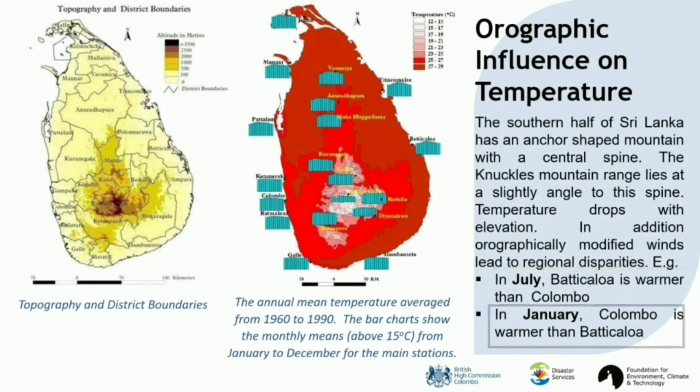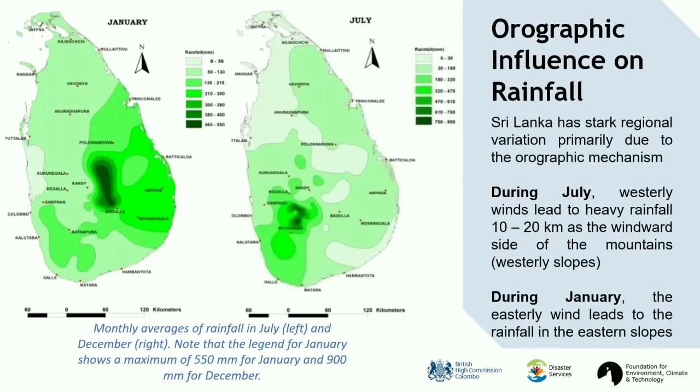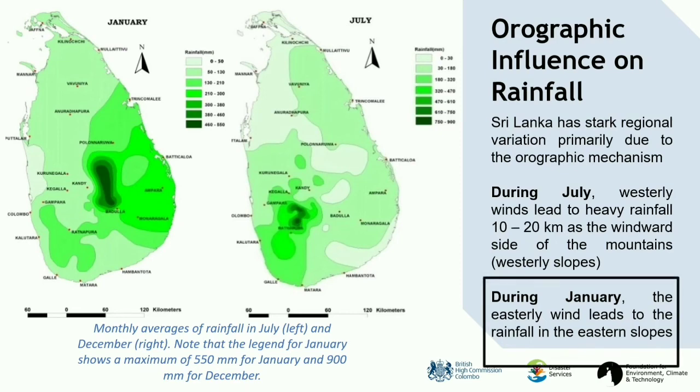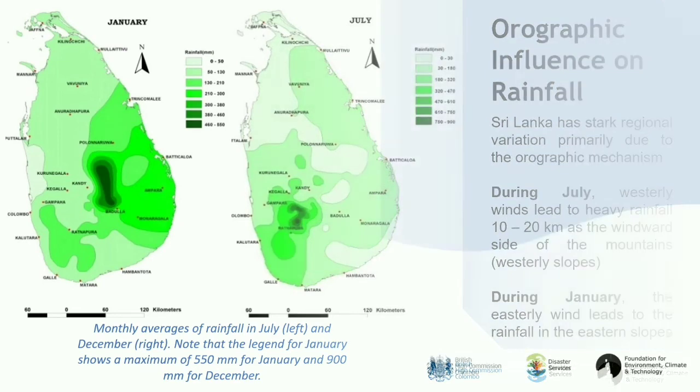In January, Colombo is warmer than Batticaloa. Sri Lanka has stark regional variation primarily due to the orographic mechanism. During July, westerly winds lead to heavy rainfall, 10 to 20 kilometers on the windward side of the mountains. During January, the easterly wind leads to rainfall on the eastern slopes.